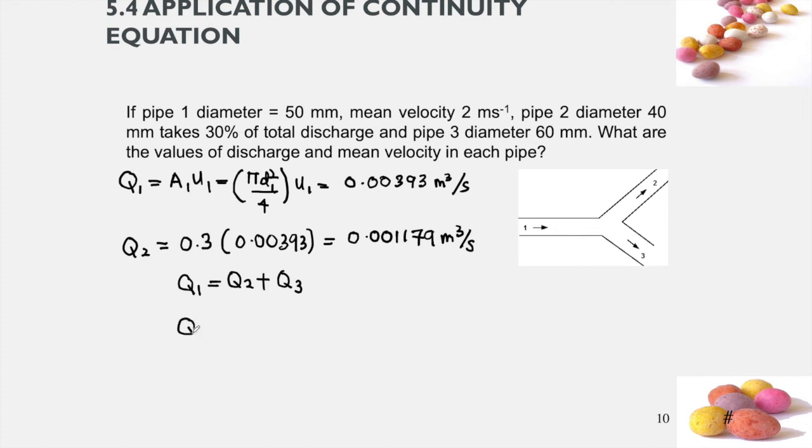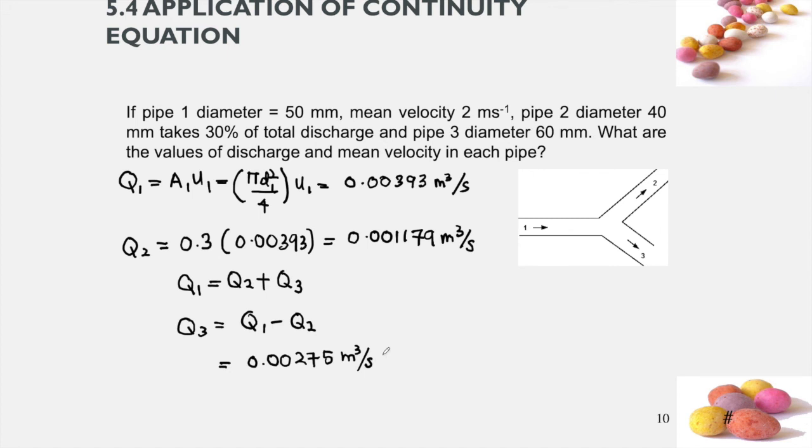Rearrange the equation: Q3 is Q1 minus Q2. So you subtract Q2 from Q1, and you will get the value for Q3, which is 0.00275 meter cube per second.